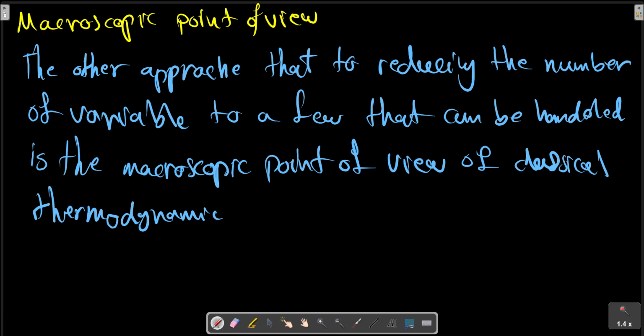As the word macroscopic implies, we are concerned with the gross or average effects of many molecules.